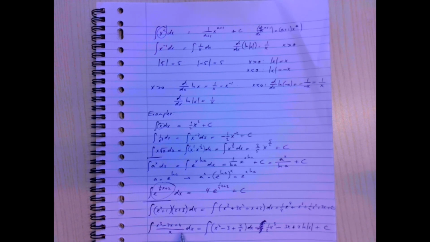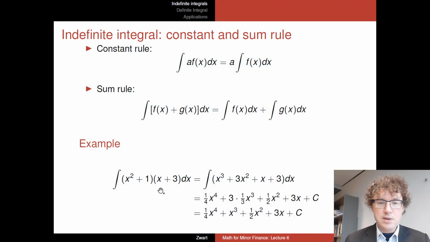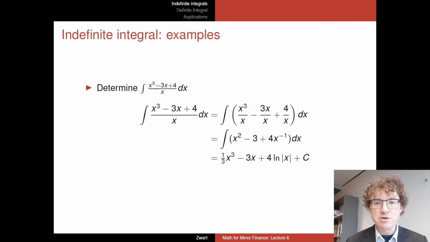Again, we've rewritten this quotient into a sum of different terms, and each of these terms you can indeed integrate to get this particular outcome. So here we had this example product that we reworked into a sum, and here we have this quotient that we reworked as a sum.